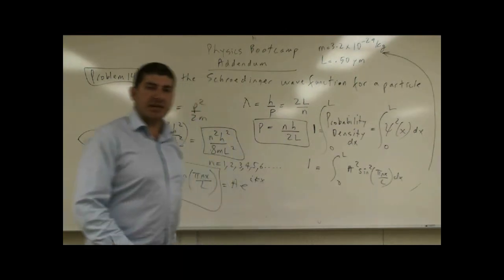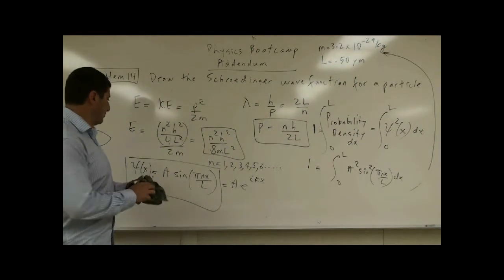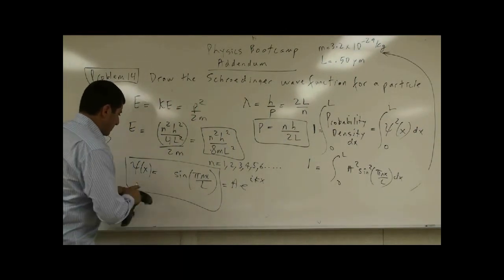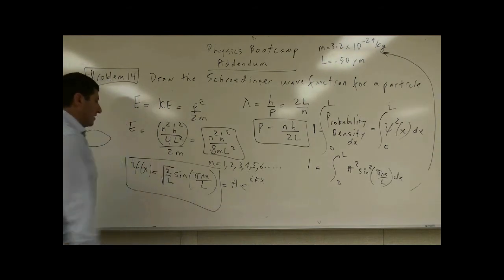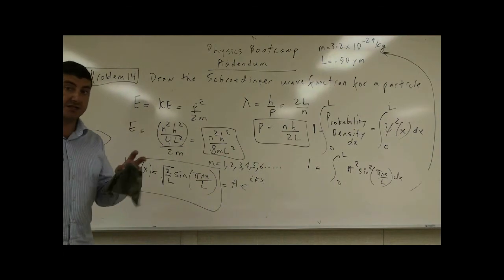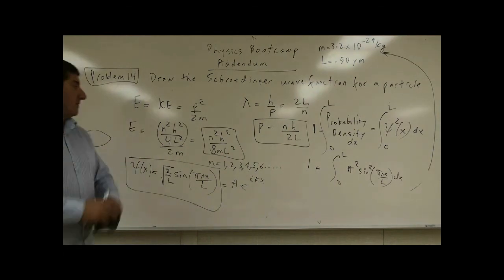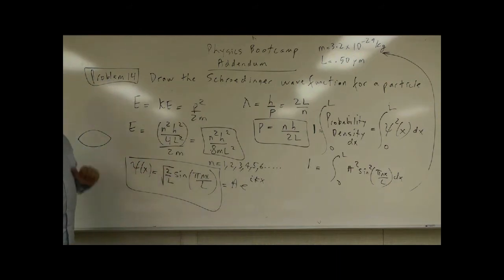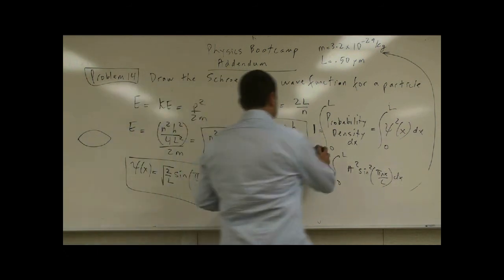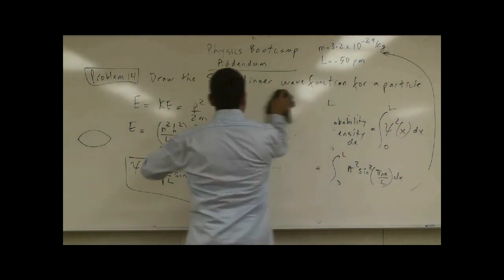What ends up happening is that the amplitude turns out to be equal to the square root of 2 over L, okay? And then that normalizes the wave function. Now we are finished with the analysis of the particle in the box. We can now begin answering those questions. Okay, so let me erase this portion of the board.